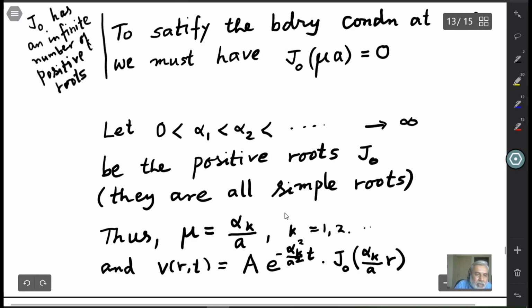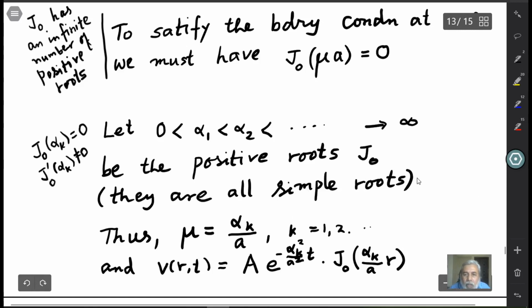So J0(alpha_k) is 0, J0'(alpha_k) is not 0. They are all simple roots.